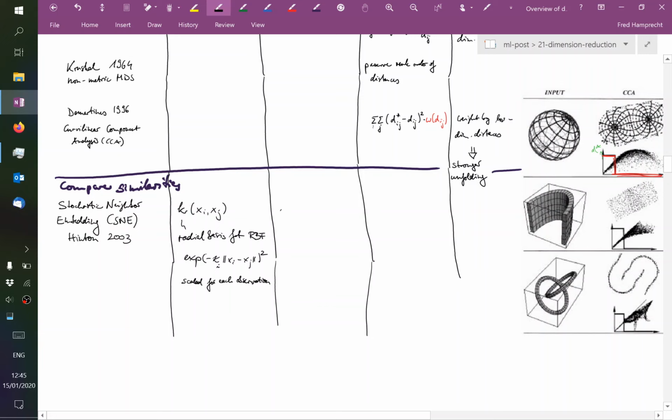And then in the low-dimensional space, he used a kernel between zi and zj, also a radial basis function.